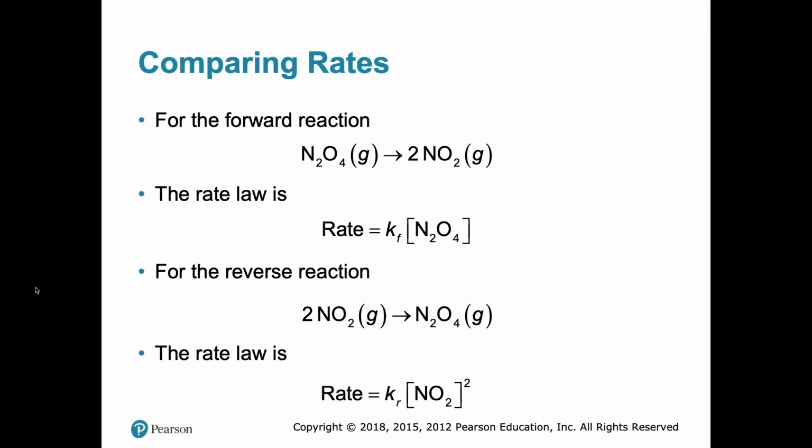This is the rate equation for the reverse reaction, and it's got an exponent of 2. That means what? Yes, second order. Thank you.